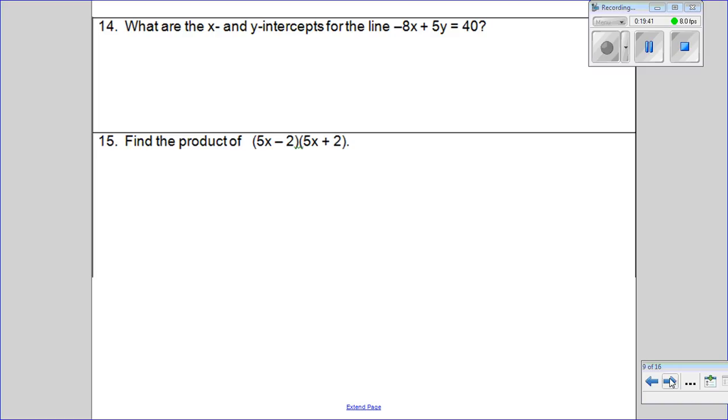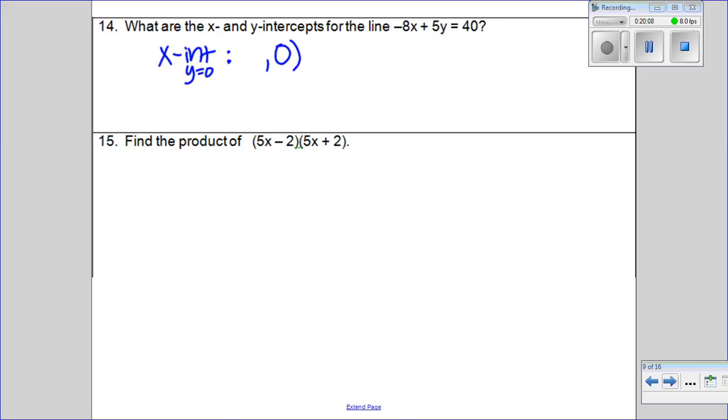14, what are the x and y intercepts of negative 8x plus 5y equals 40? Okay, this is in standard form. You can solve for it and put it in your calculator, but the easiest thing to do, our x-intercept is where y equals 0. So I know that this second number is going to be a 0.